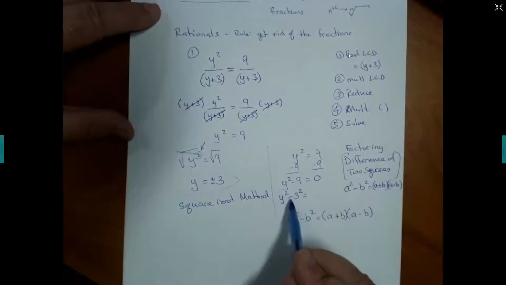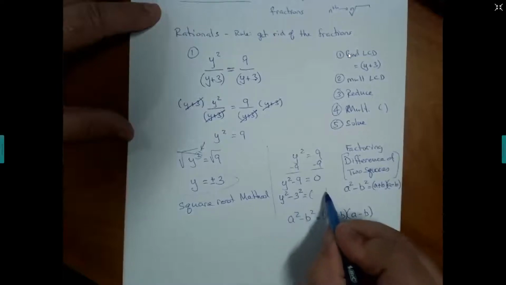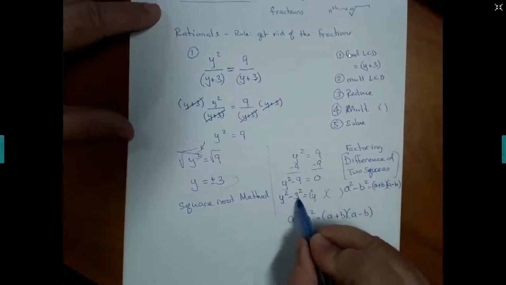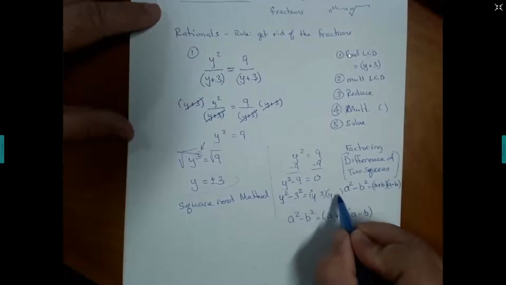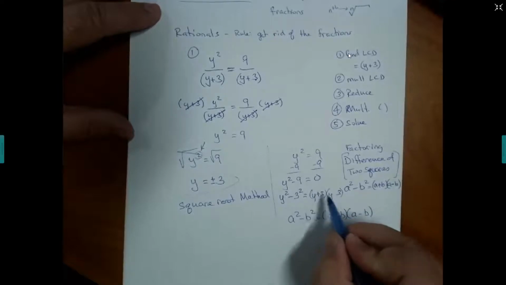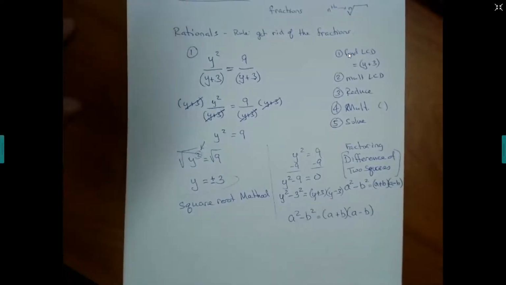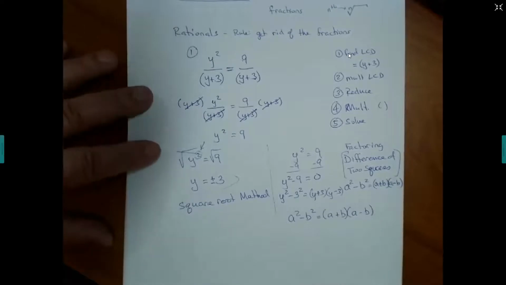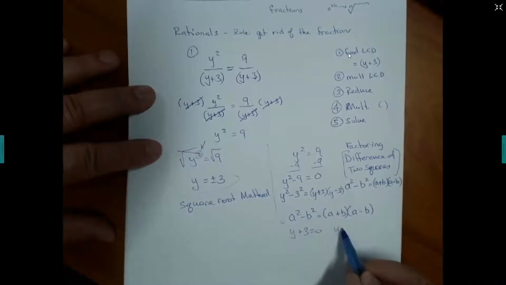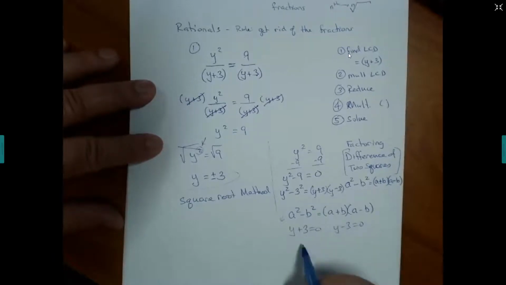So they're both squared terms and there's a minus. So I know I'm going to have y and 3 in both of these. One's positive, one's negative. Take both of those and set them equal to 0, and you get your answers.